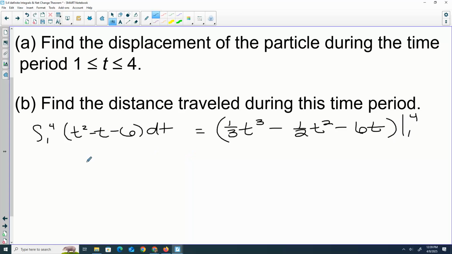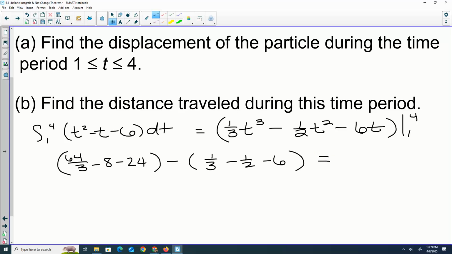Alright, so if I plug in my four, and I think. Negative 4.5. Yeah.